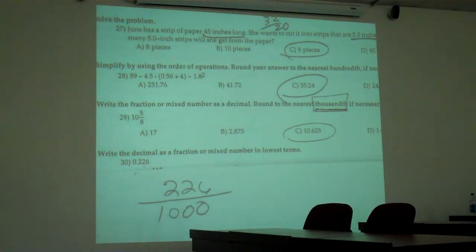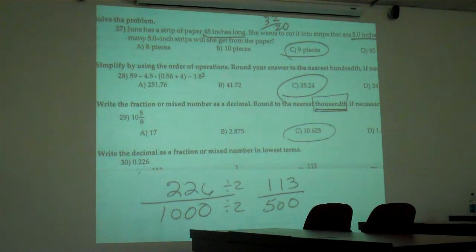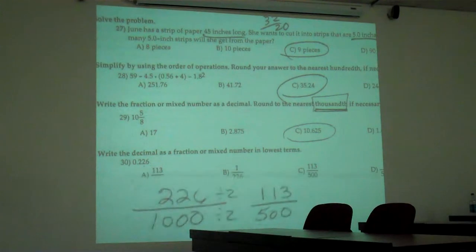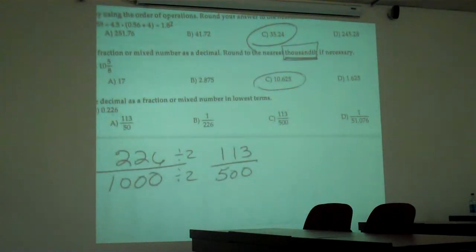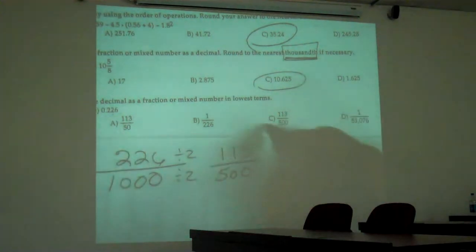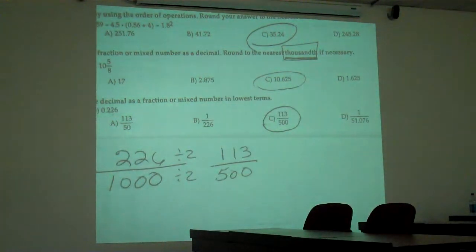What can we divide by? 5. It's 10 and 125 over 1000. 113's prime? I guess it's prime, I'm not positive, but it won't divide by anything 500 will divide by.